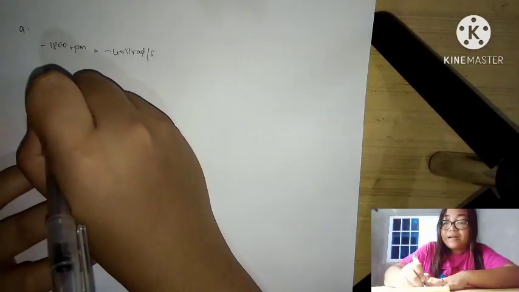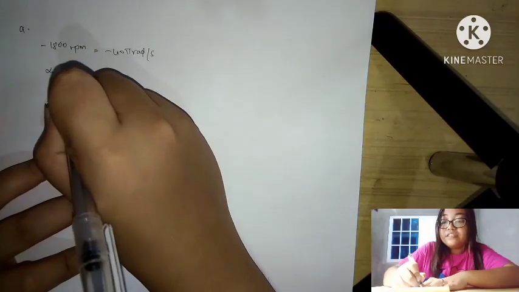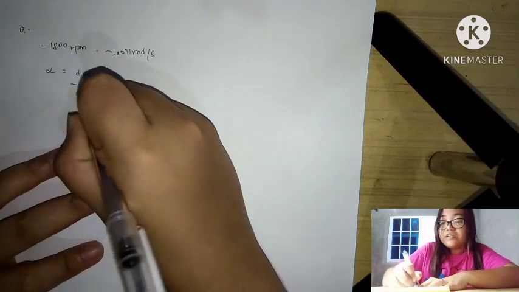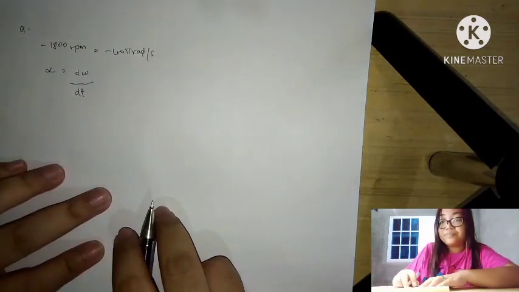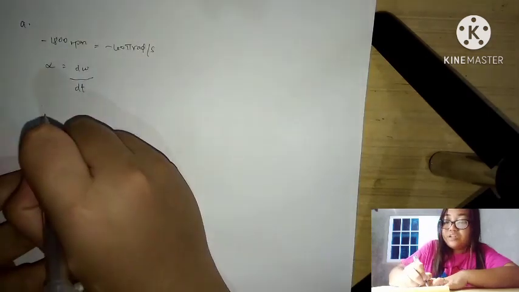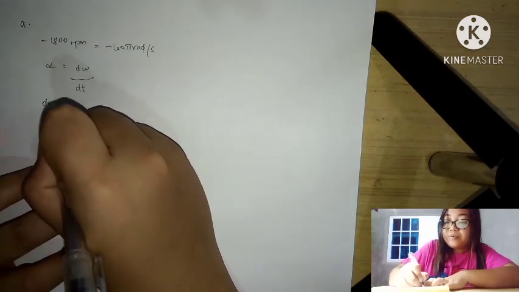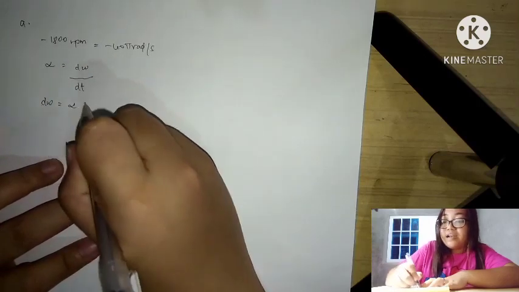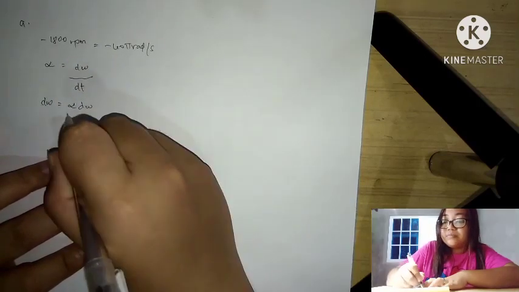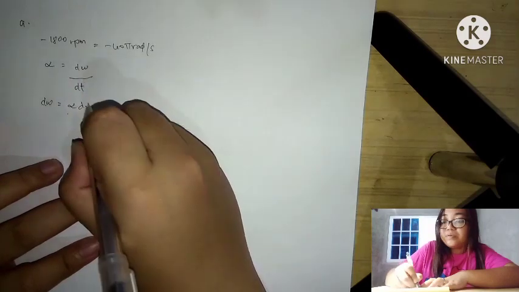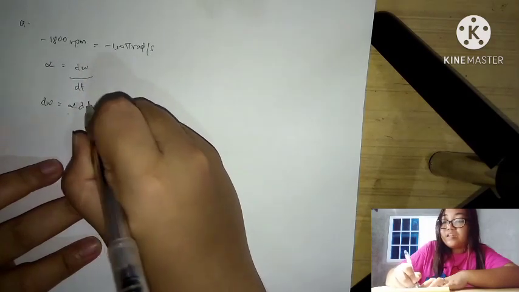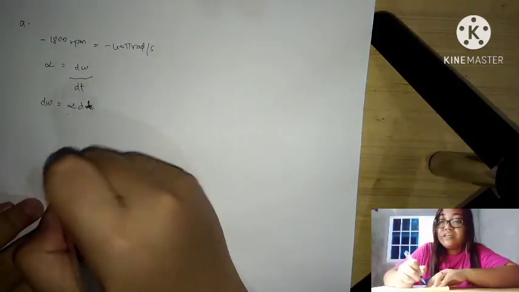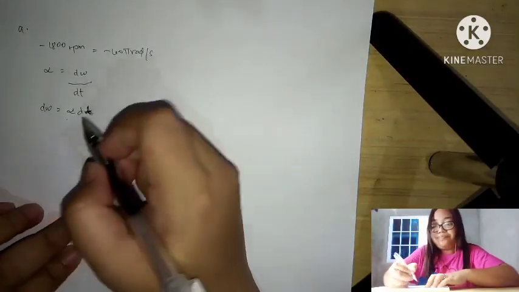So, yung alpha is equal to derivative of omega over dt. Then, hahanapin natin yung derivative of omega, cross-multiply lang to, alpha multiply by dt. Then, i-integrate natin yan.